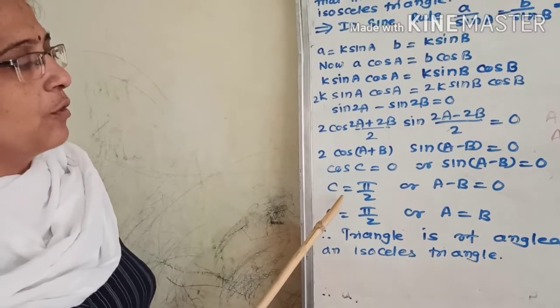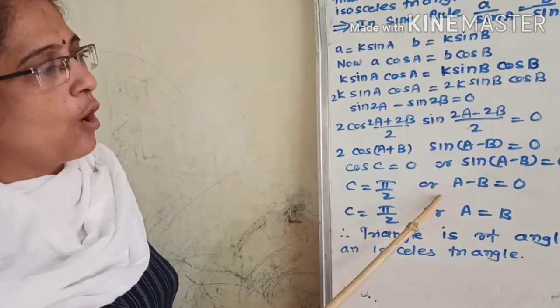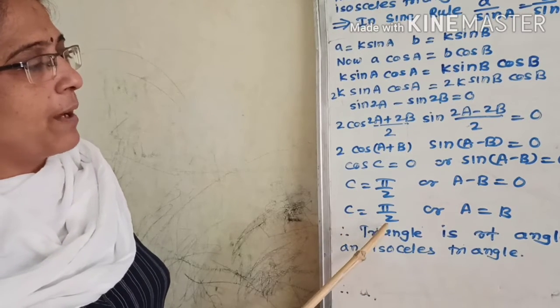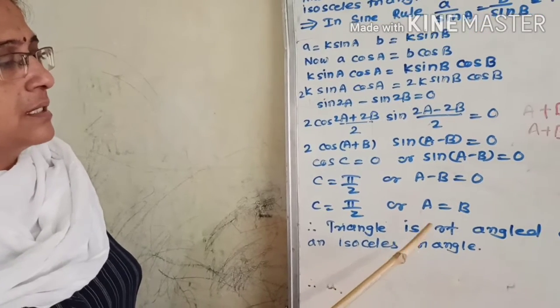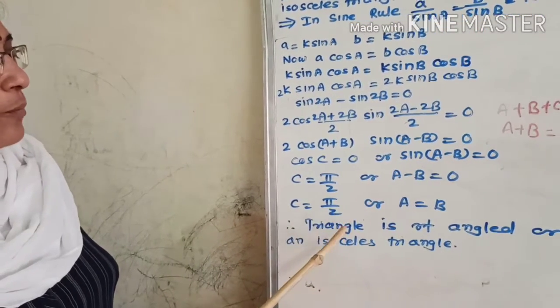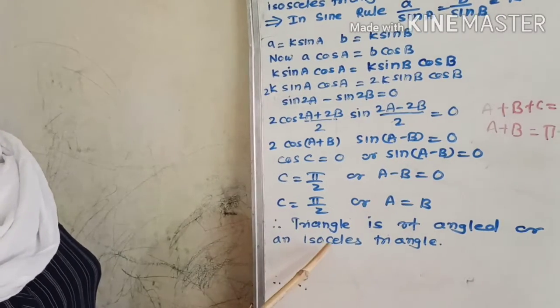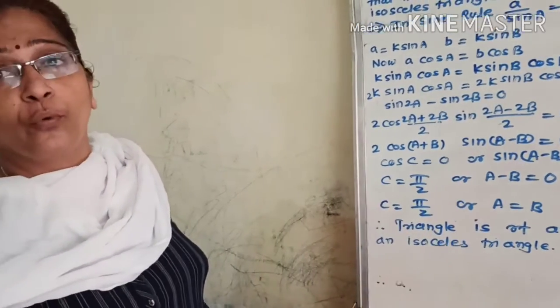Cos C equal to 0 means the angle C is equal to pi by 2, or A minus B equal to 0. Therefore C equal to pi by 2 or A equal to B. C equal to pi by 2 means the triangle is right angled, and A equal to B means it is an isosceles triangle. This we wanted to prove.